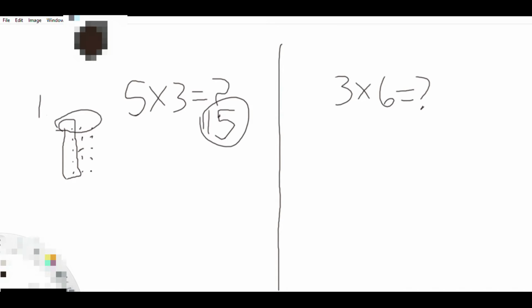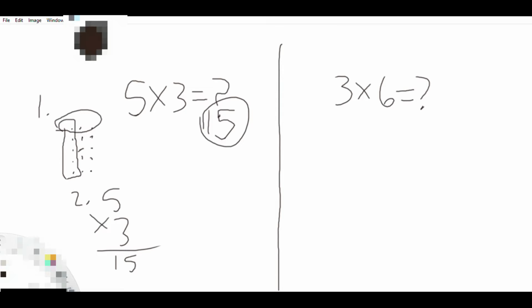The second way to solve this is the standard algorithm. 5 times 3, which is 15 too.